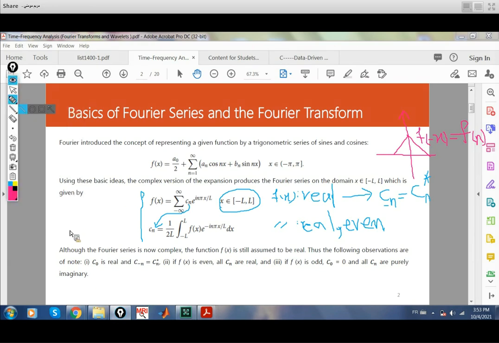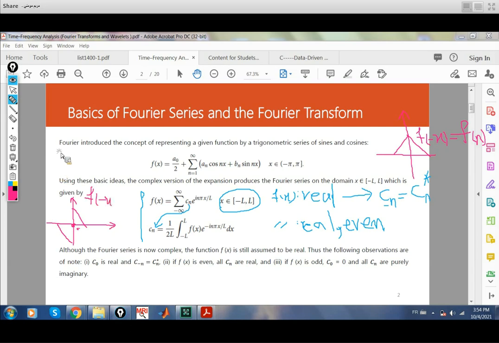The symmetry of an odd function is related to the central point at 0. And if you remember, f(minus x) is equal to minus f(x).